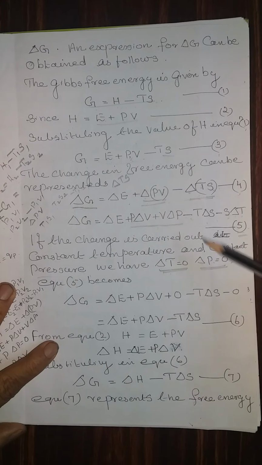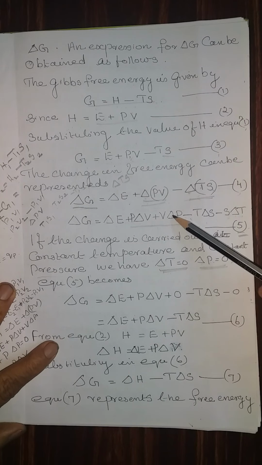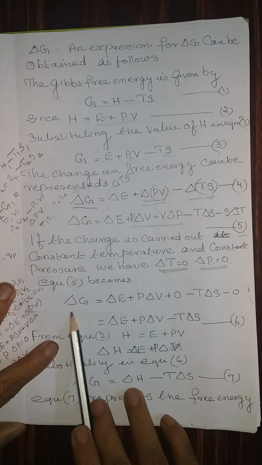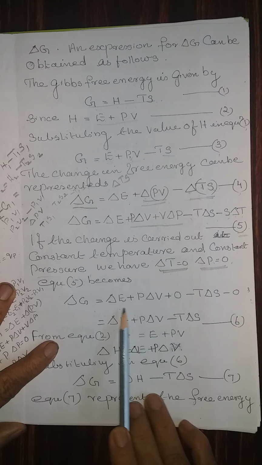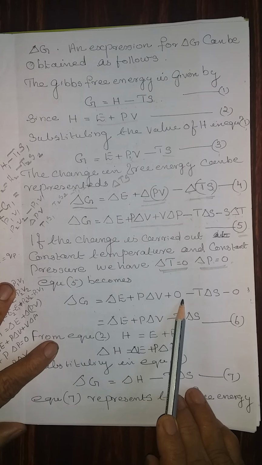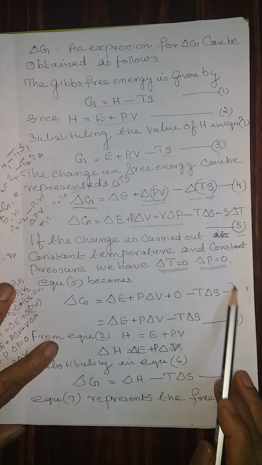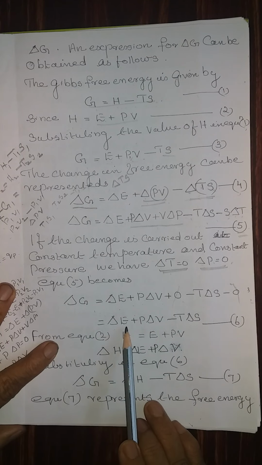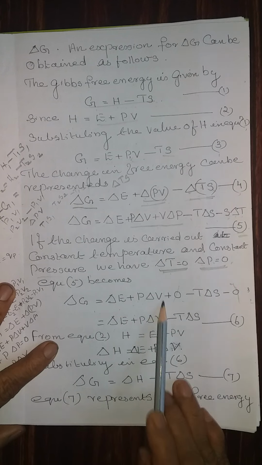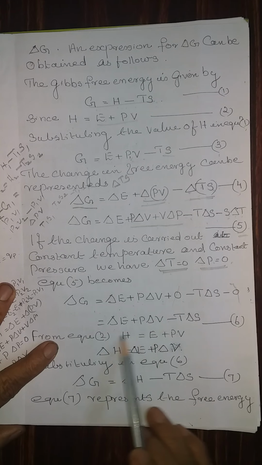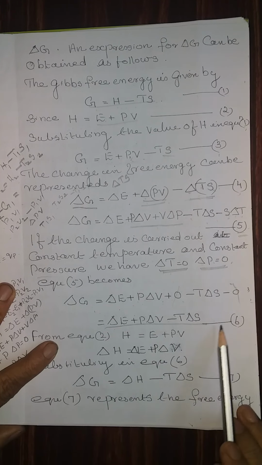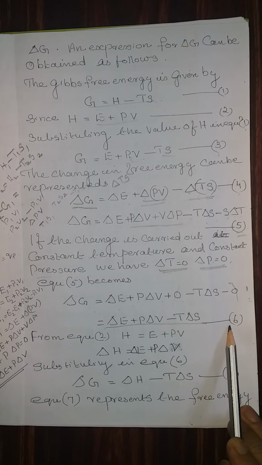And delta P, this factor is equal to 0. Therefore, the equation becomes delta G is equal to delta E plus P delta V plus 0 minus T delta S minus 0. Cancel all the zeros. Then delta E plus P delta V minus T delta S is the only thing which is remaining. Let it be equation number 6.